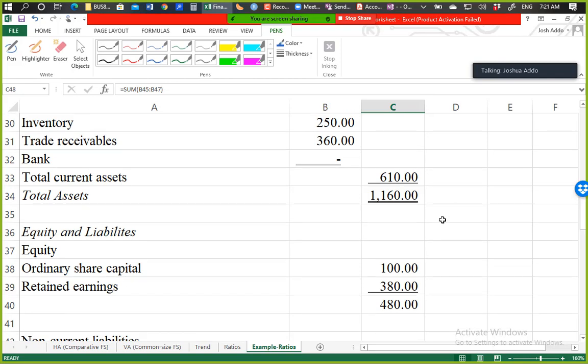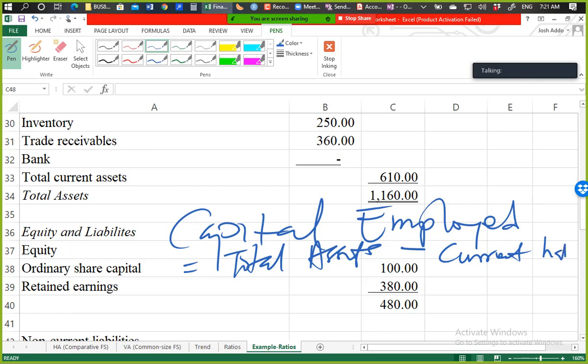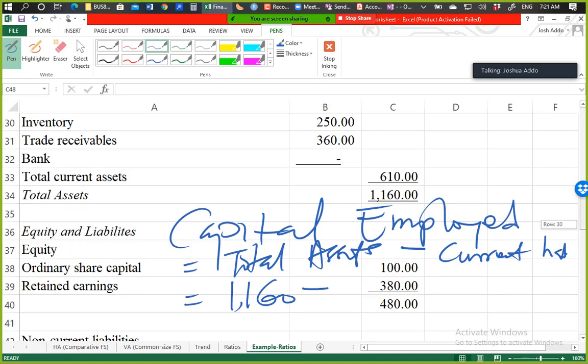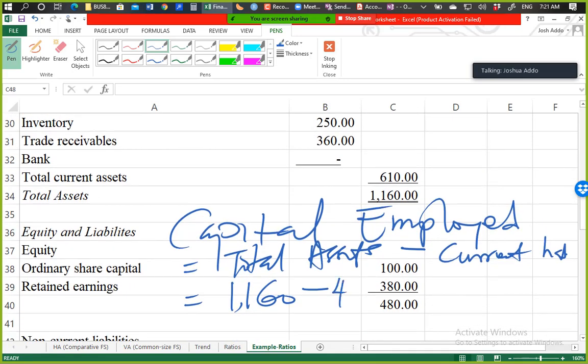So capital employed is equal to total assets minus current liabilities, which is equal to 1160 minus the total current liabilities, which was 480.